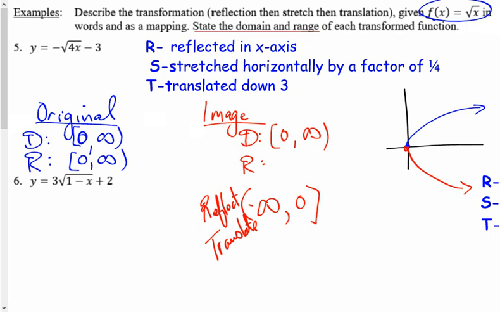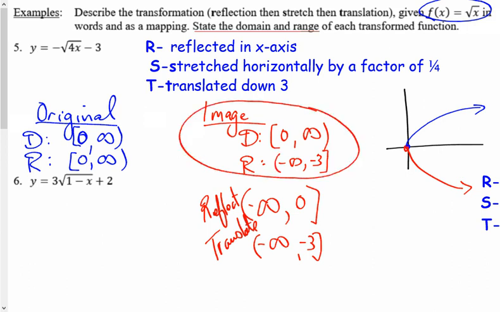If I decrease negative infinity by 3, I still get negative infinity, because again, it's not actually a number, it's just an idea. And then decrease the 0 by 3. So that's what my range would be, negative infinity up to negative 3, including the negative 3, not the negative infinity. So there's my new domain and range.